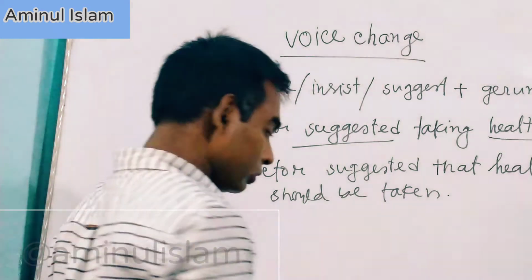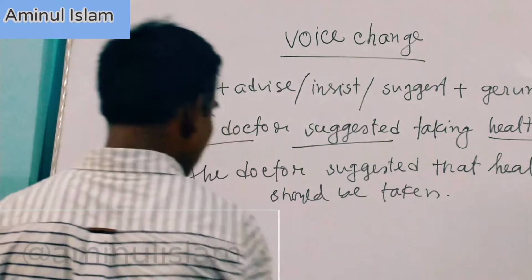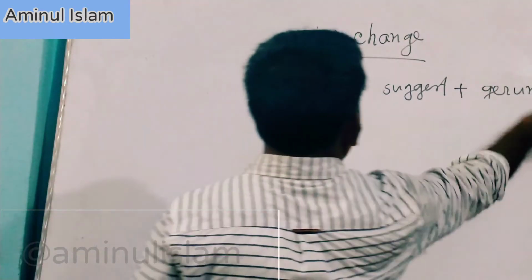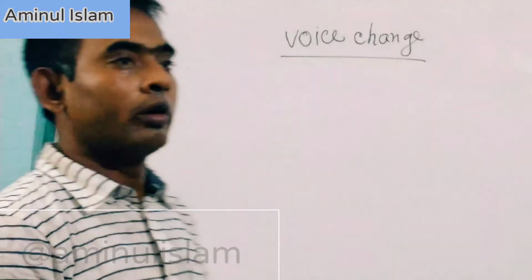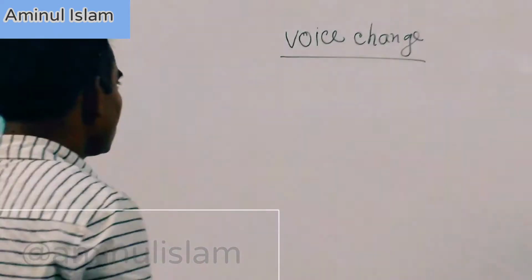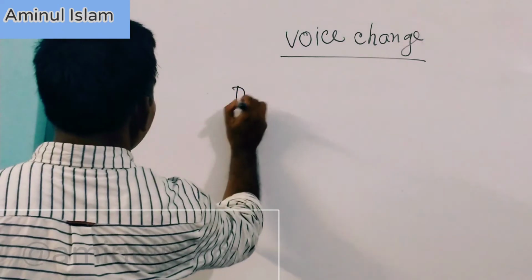Students, now we can go to other rules. The rules of the interrogative sentence. How can we do this? If you know the structure of this sentence properly, then I think making active into passive or vice versa will be easier and you will get a clear concept. Now look at the whiteboard.